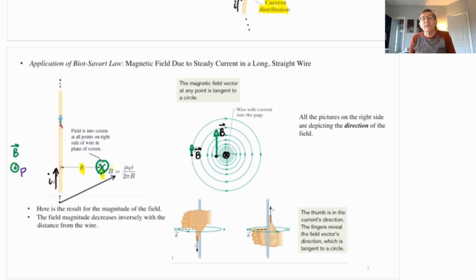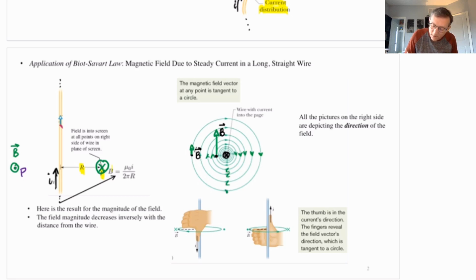So you will hear people say that the magnetic field lines circulate around the wire. And notice there's a definite sense to the circulation. See these arrowheads on the circulating magnetic field lines?